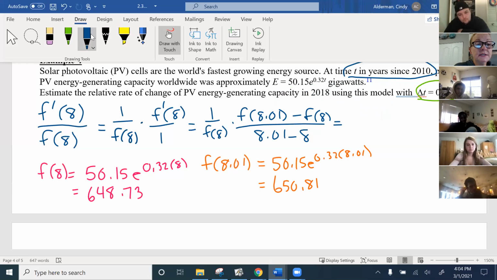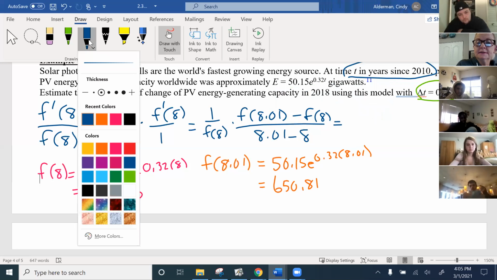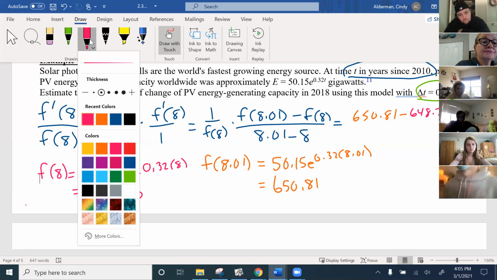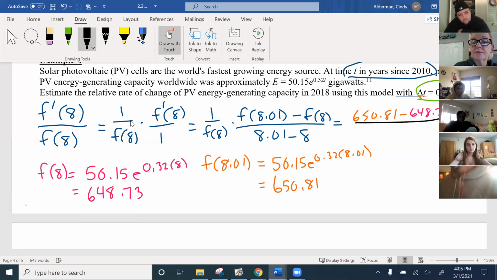So F of 8.01 is 650.81, minus F of 8, which is 648.73, divided by 8.01 minus 8, which is 0.01.